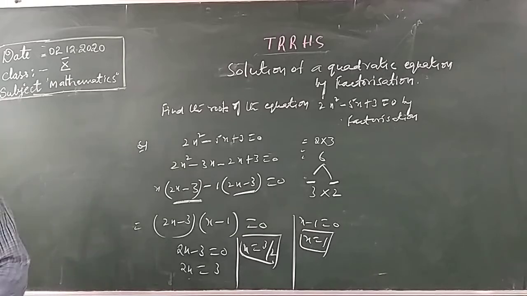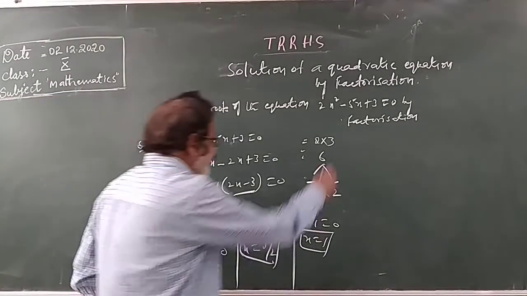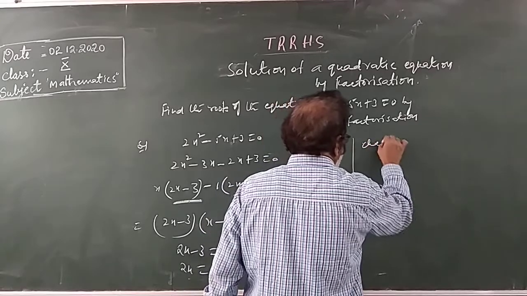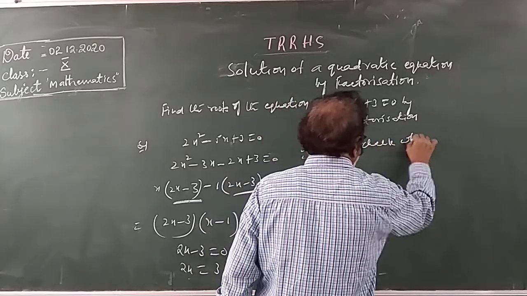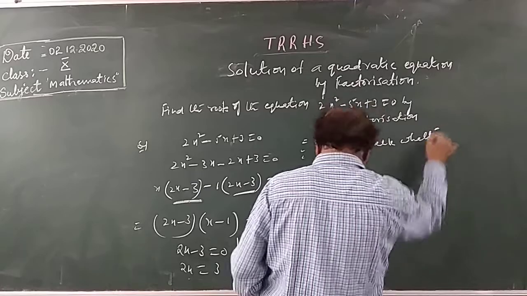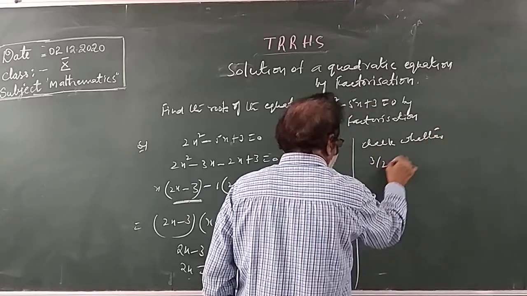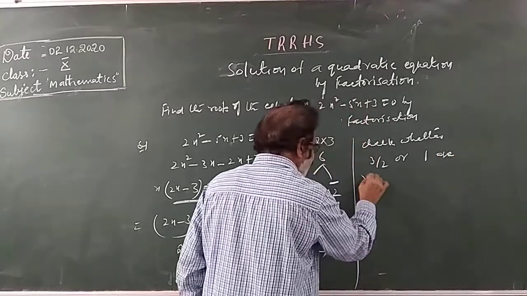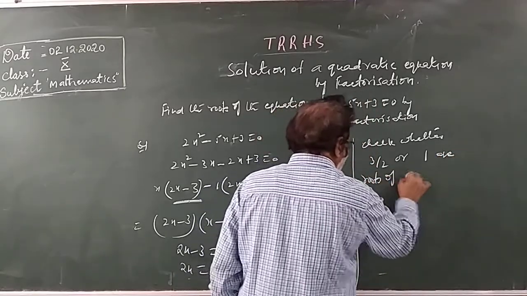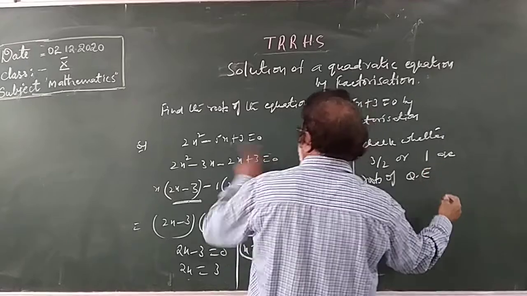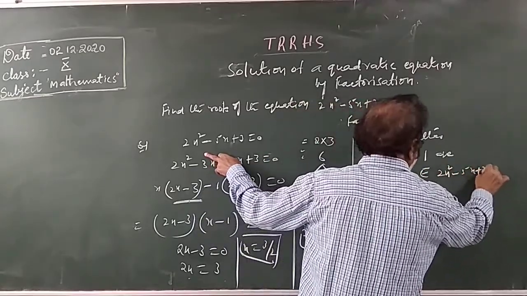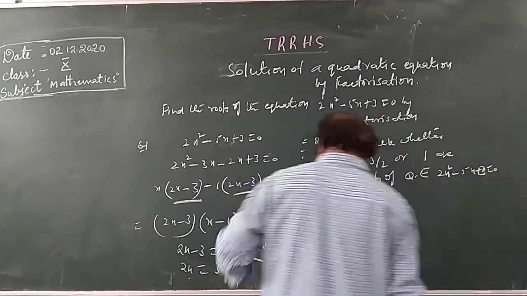Verify. These are the factors. Check whether 3 by 2 or 1 are roots of the quadratic equation 2x square minus 5x plus 3 equal to 0. Are these the roots or not?